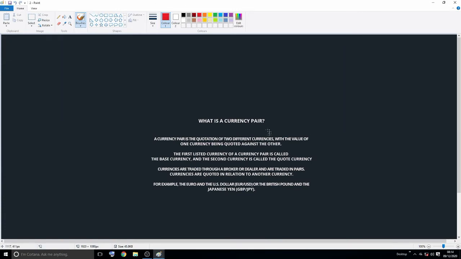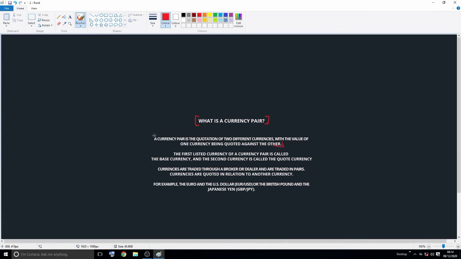So what is a currency pair? Since in forex we are trading currency pairs, what is a currency pair? A currency pair is the quotation of two different currencies, with the value of one currency being quoted against another.